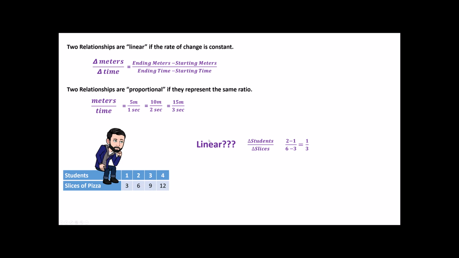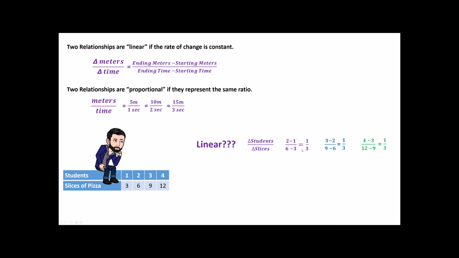In order for this to be linear between every pair, I need to always end up with 1/3. So maybe I would say 3 students minus 2 students and 9 slices minus 6 slices of pizza. Well, that's also a ratio of 1/3. And again, if I have 3 students and 4 students and 9 slices of pizza and 12 slices of pizza, I have a ratio of 1/3.